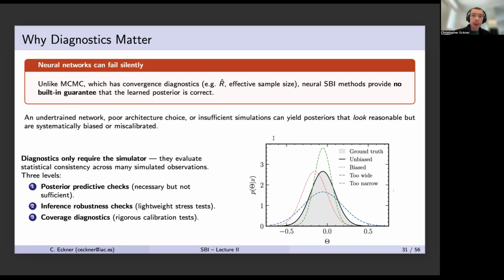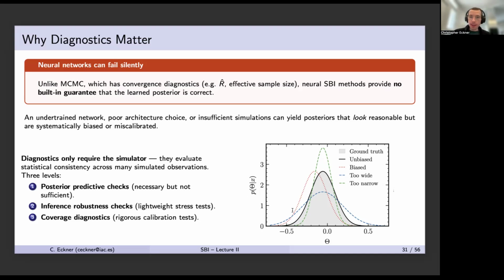So you should check the convergence of your algorithm, and there are some built-in ways you can use. Undertrained networks, poor architectures, and insufficient simulations can all lead to posteriors that look reasonable but are completely off.